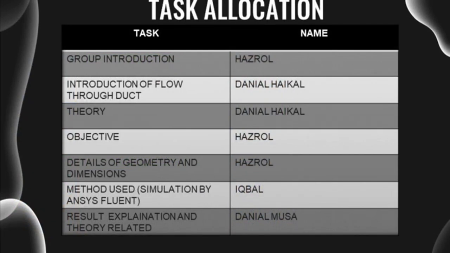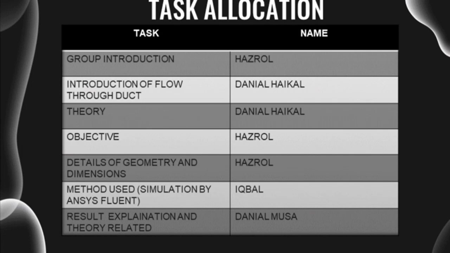Next, we go to task allocation. For task allocation, our leader Iqbal distributed some parts of the project to our members to complete this project.